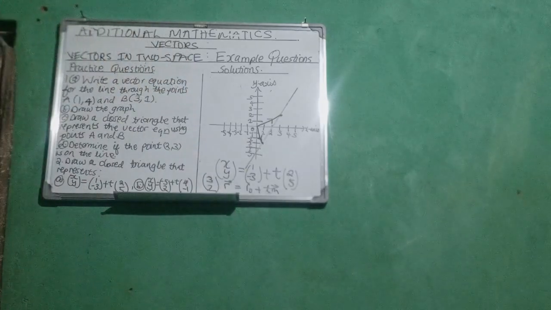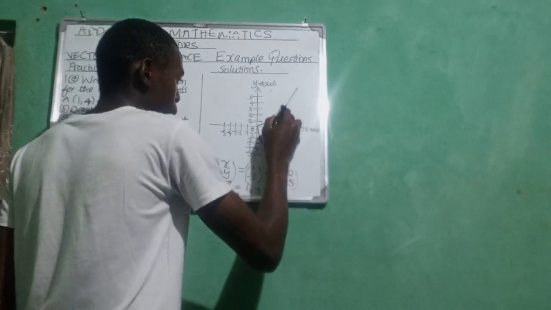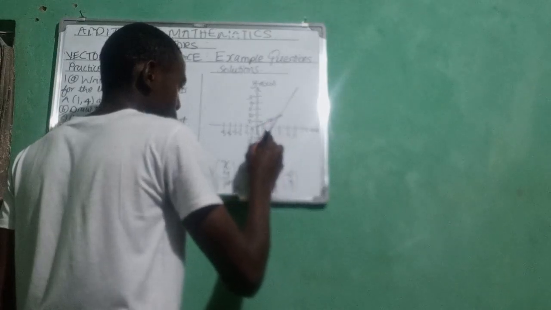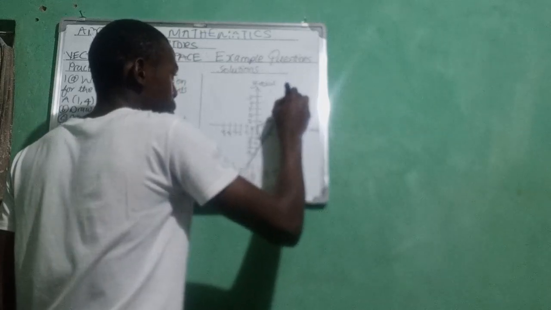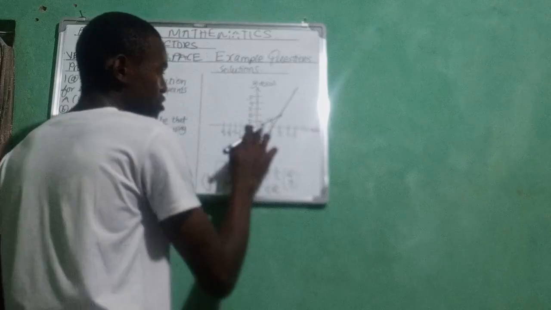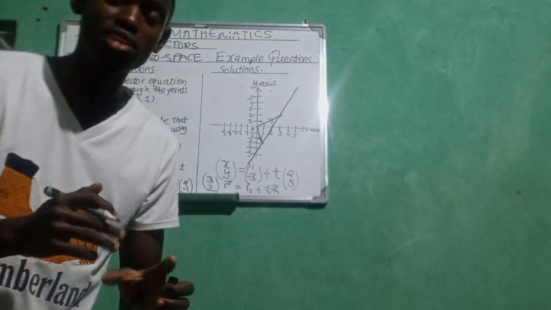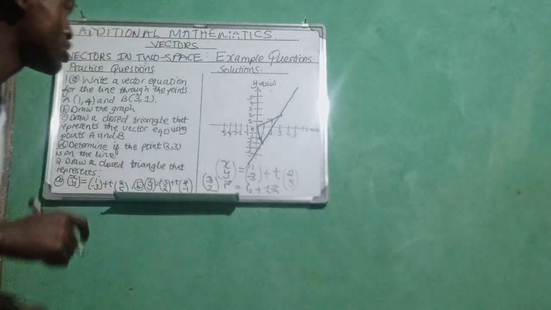Okay, so we have actually drawn a closed triangle, because this is the straight line here. Then these two are the vectors. So you can choose any of the vectors to be r naught and the resultant vector r.